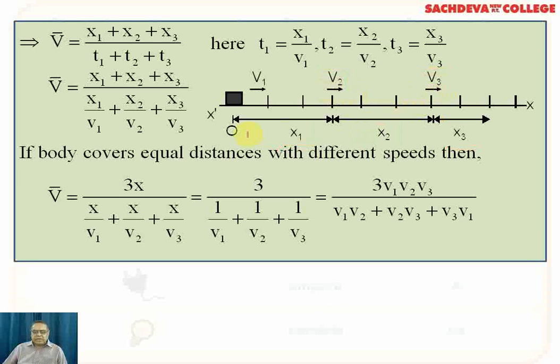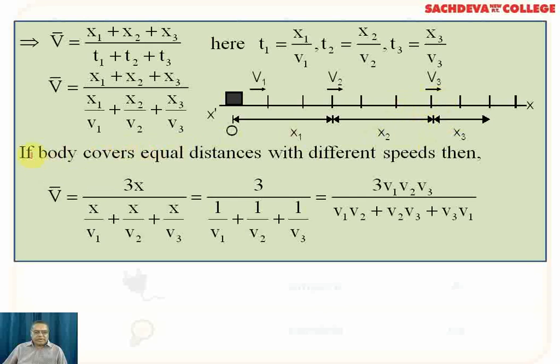Now it is shown in the graph that sometimes distance is less, sometimes the velocity is less, sometimes the velocity is more. So what we have done is that times are replaced by x1 over v1, x2 over v2, and x3 over v3.